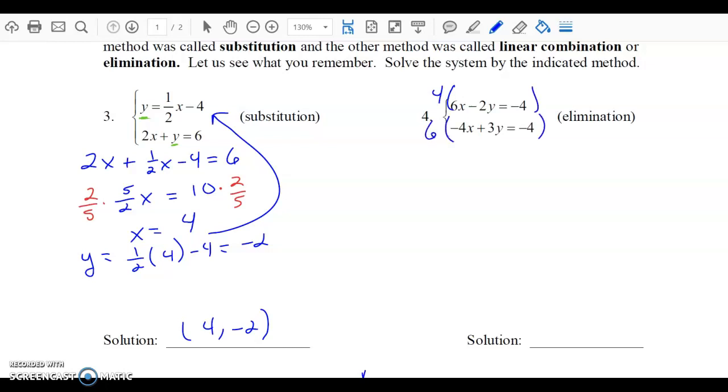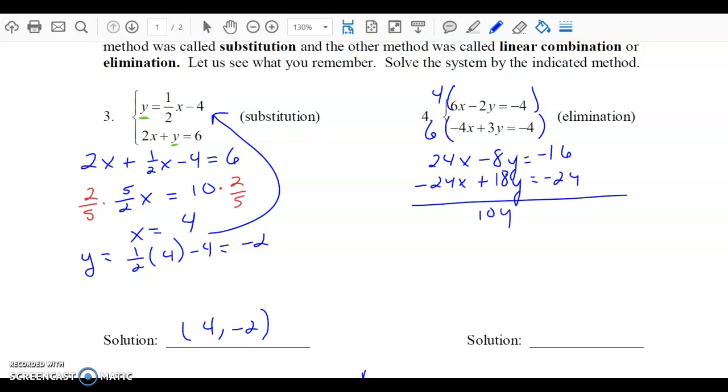So when I do that, the top equation I get 24x minus 8y equals negative 16. On the bottom I get negative 24x plus 18y equals negative 24.